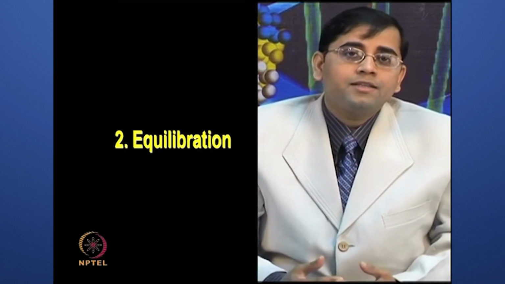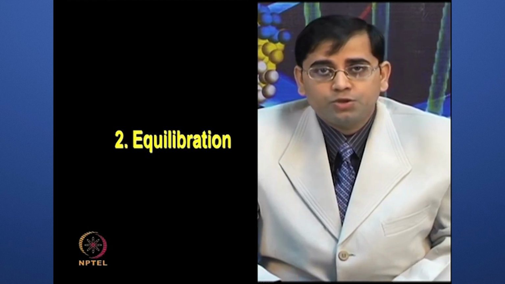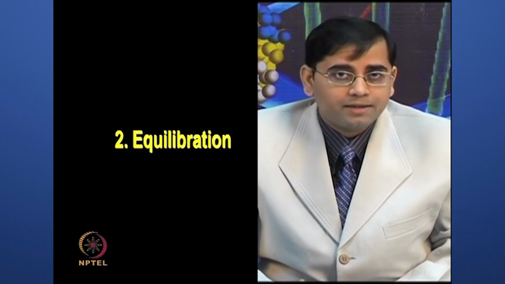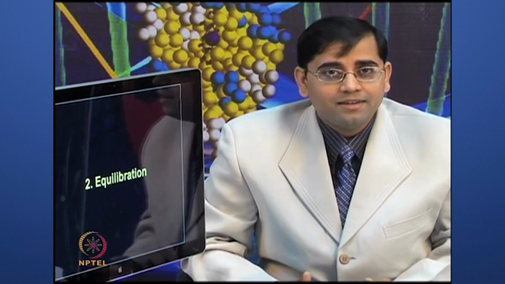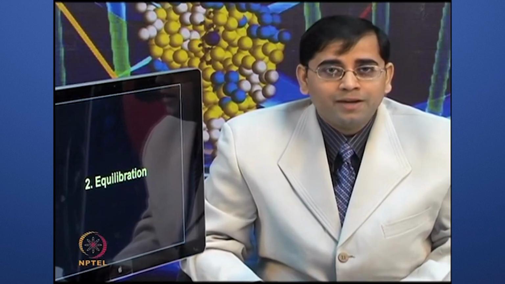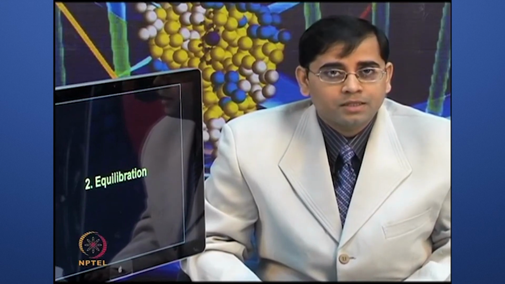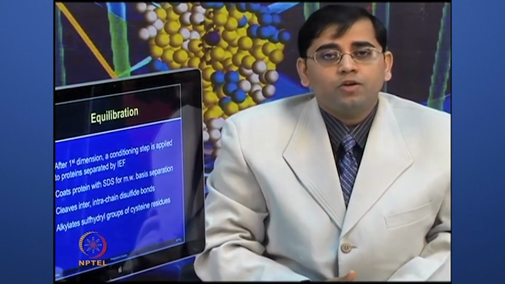When you are taking a protein sample alone, you have the flexibility of boiling the sample in tubes and doing all those treatments to denature the protein separately. But now your protein is already focused inside the IPG strip, so you do not have that flexibility. All you need is to prepare your IPG strip in such a way that you can apply it on top of an SDS PAGE gel. So, I will show you what steps are required in the equilibration step.